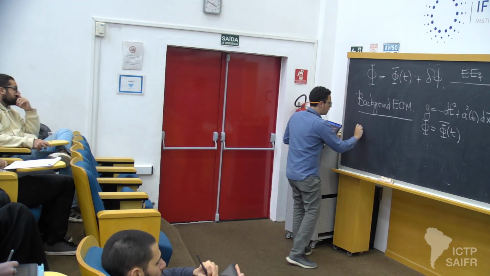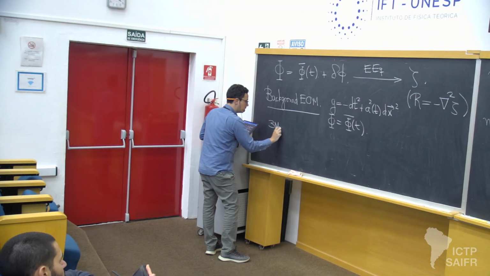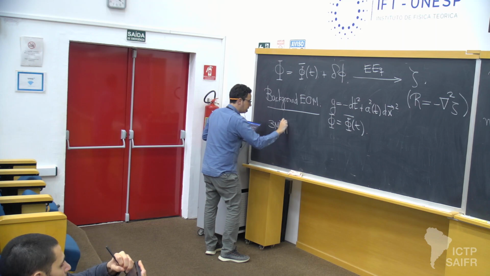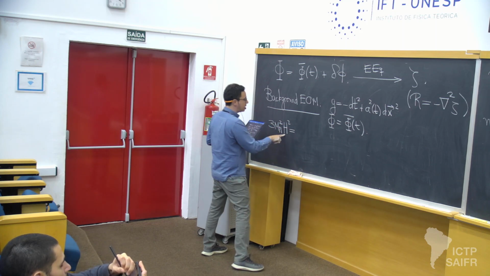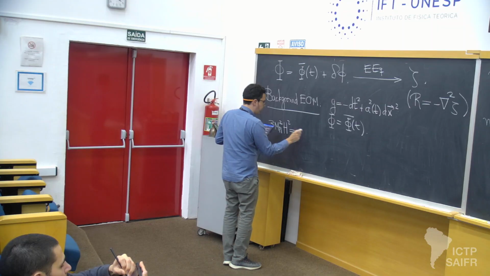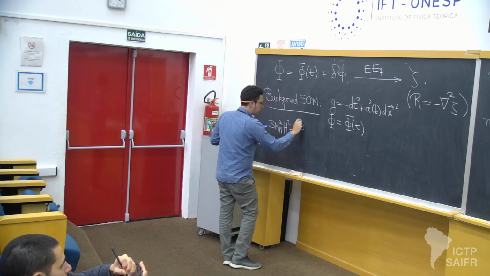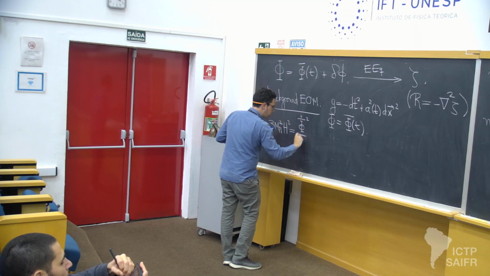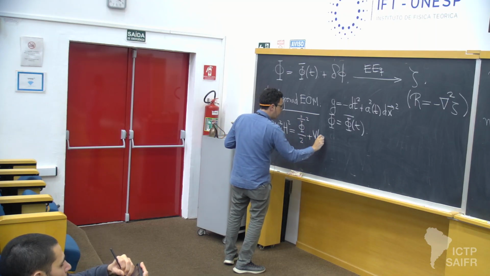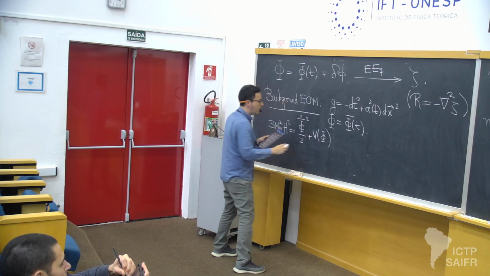So what do they look like? The Friedmann equation, which is just some energy budget, tells me the Hubble rate of the universe. So this is not de Sitter anymore because the scalar field is changing its energy over time: phi bar dot squared over 2 plus V of phi. I mean, this is as intuitive as it gets.